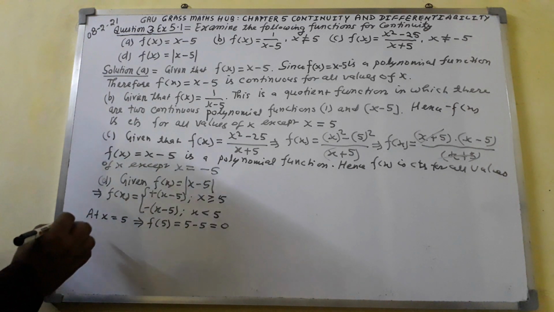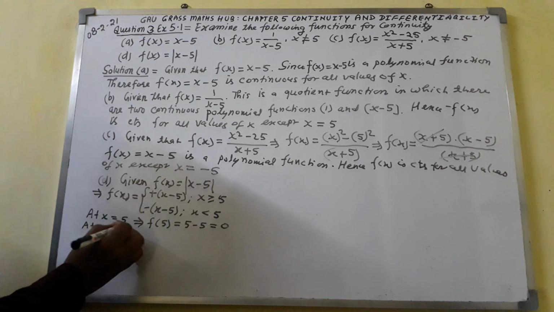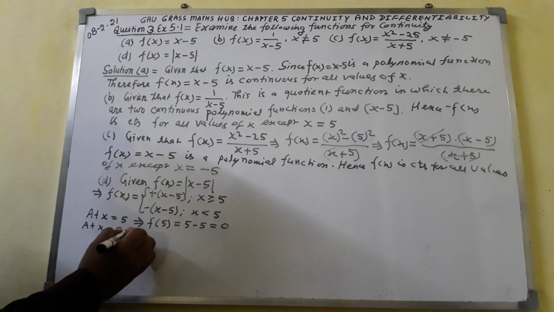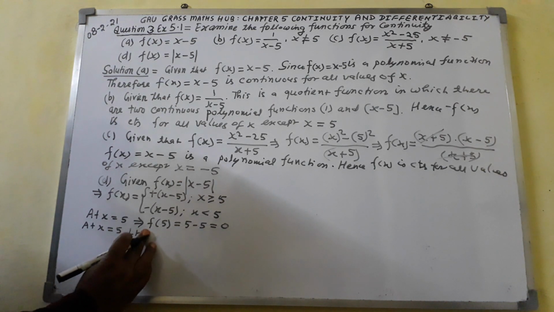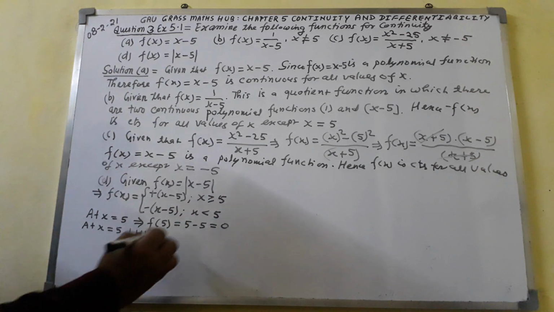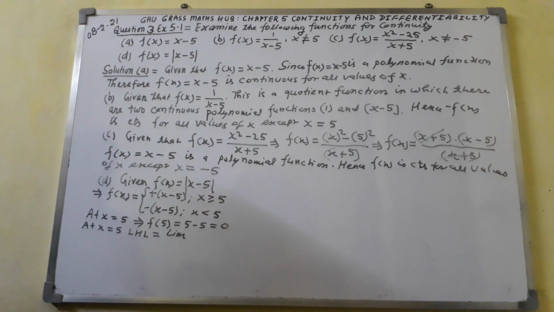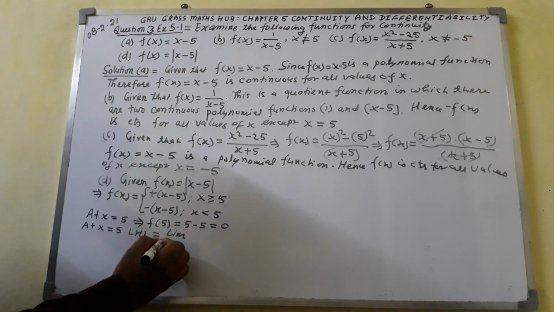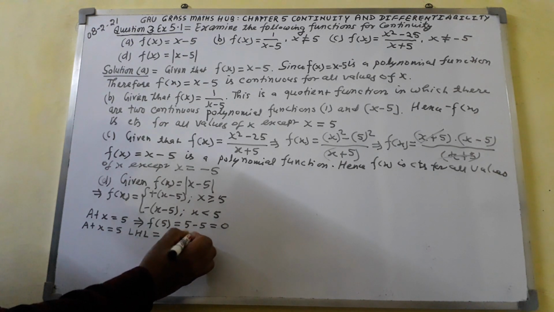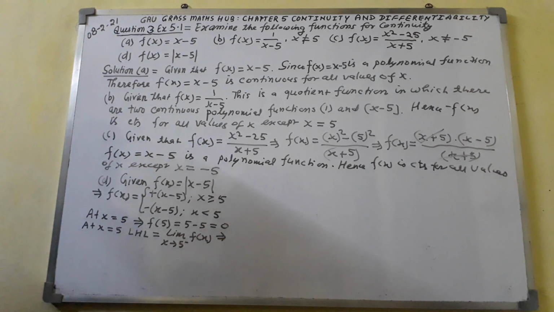Now at x equal to 5, I shall get the left hand limit. Left hand limit equal to the limit as x tends to 5 negative of f of x.